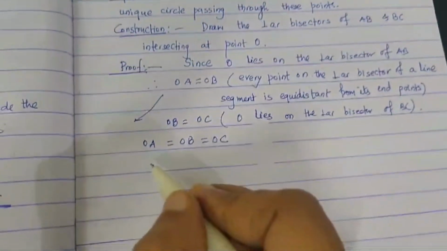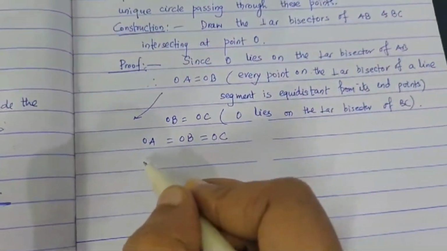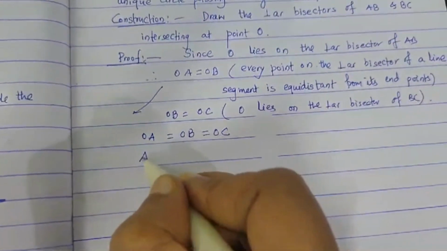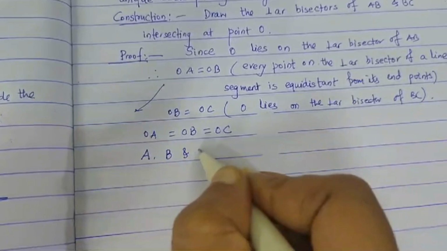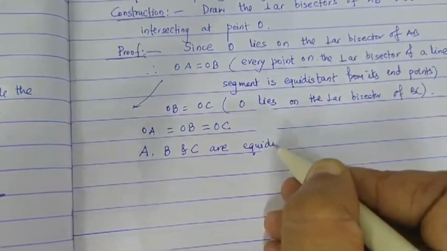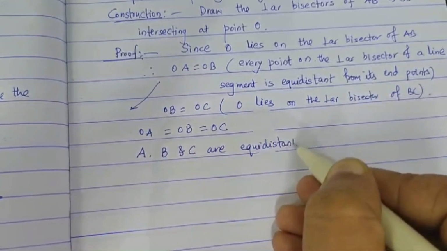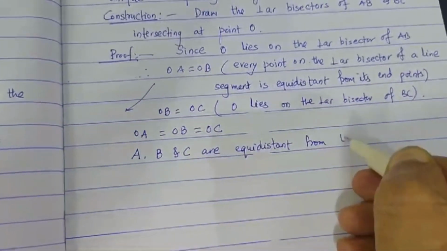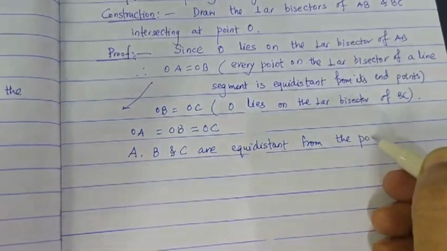That means the points A, B and C are at equal distances from the point O.